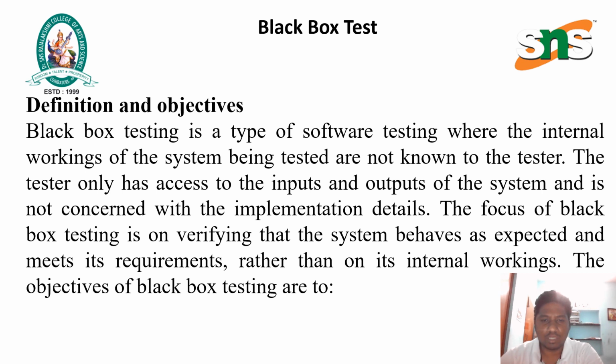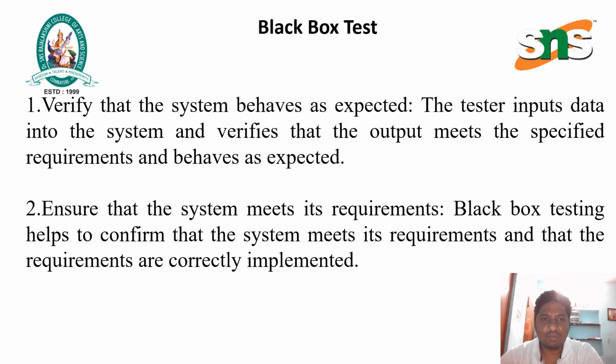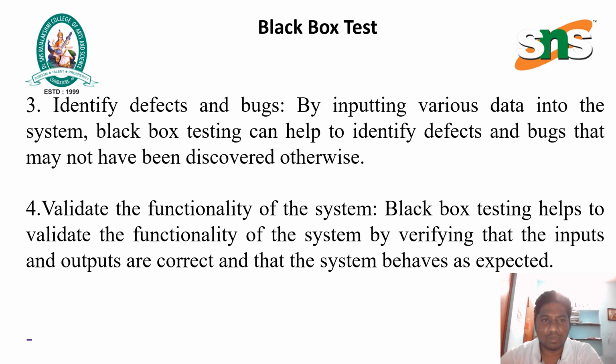The objectives of black box testing are, first, to verify that the system behaves as expected. The tester inputs data into the system and verifies that the output meets the specified requirements. Second, ensure that the system meets its requirements. Black box testing helps to confirm that the system meets its requirements and that the requirements are correctly implemented.